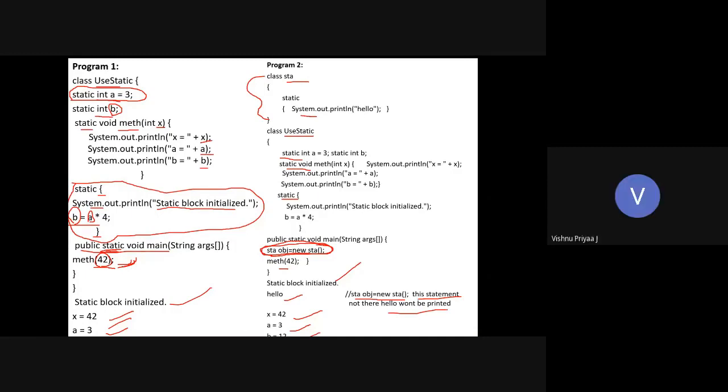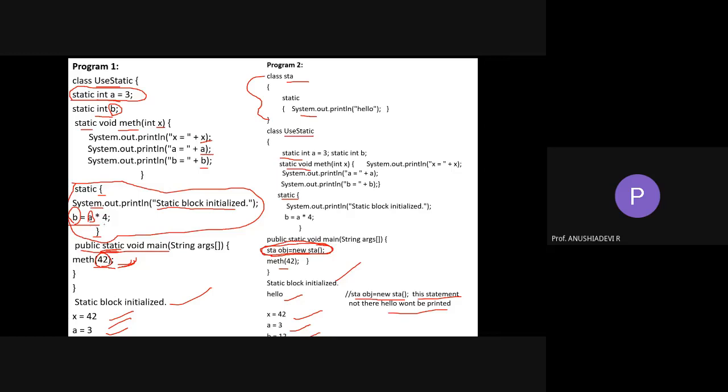Yes, ma'am. Ma'am, one doubt, ma'am. Tell me, pa. Ma'am, why in program 1 are we not getting B as the answer? That means B is equal to 12. Why are we not getting it, ma'am? Oh, here, pa. Initially, what was the B value? I have not initialized anything, no. But within that static block, what I have written is B equal to A into 4.